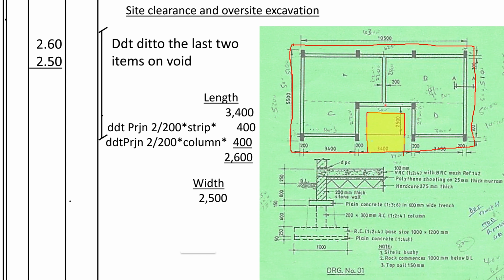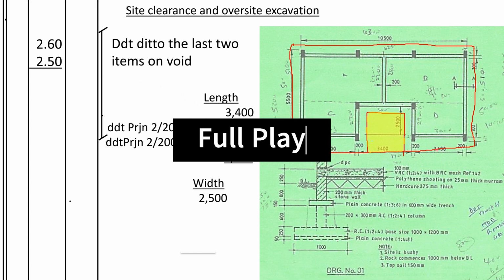The thickness of this wall was not included, but now we shall have to include the thickness of this wall. So it shall be 2500 minus 500 plus 200 plus 500, which gives us 2.7. So that's why we have 2.7 here. I hope that is clear.